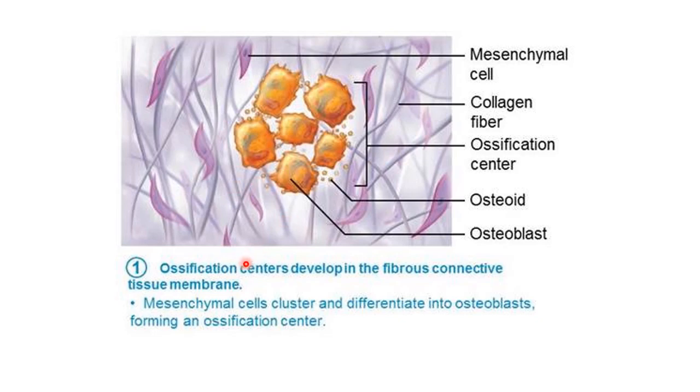So you have your ossification center, and just because these mesenchymal stem cells got there, they started to differentiate into osteoblasts. Now the osteoblast is going to start to secrete the matrix that is going to start calcifying around them, right? It's going to start secreting the bone matrix.